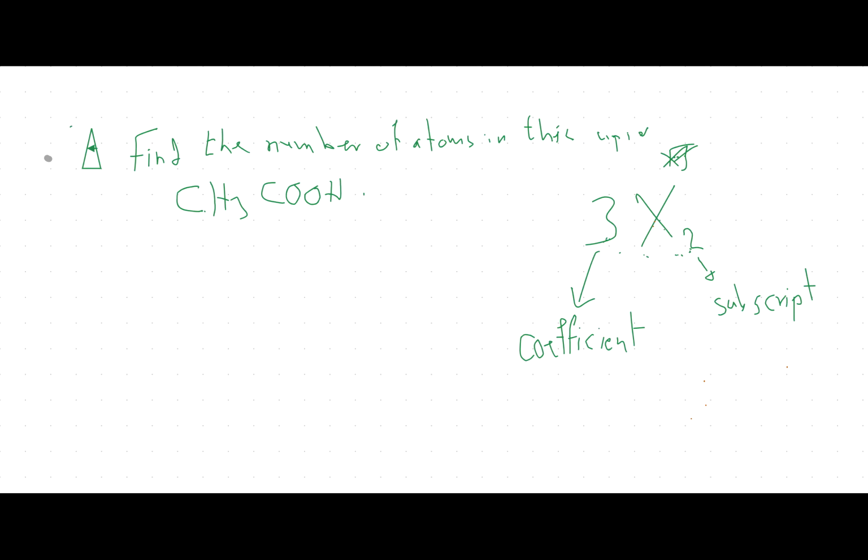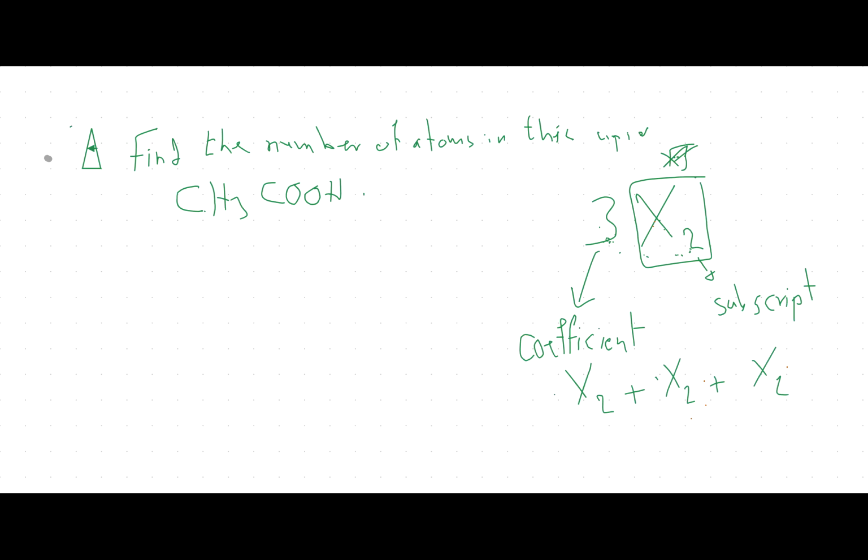But this is what the coefficient says. With this coefficient, we say that we have X2 plus X2 plus X2. Do you still remember this in math? You add the coefficient plus the coefficient plus the coefficient for the same terms.